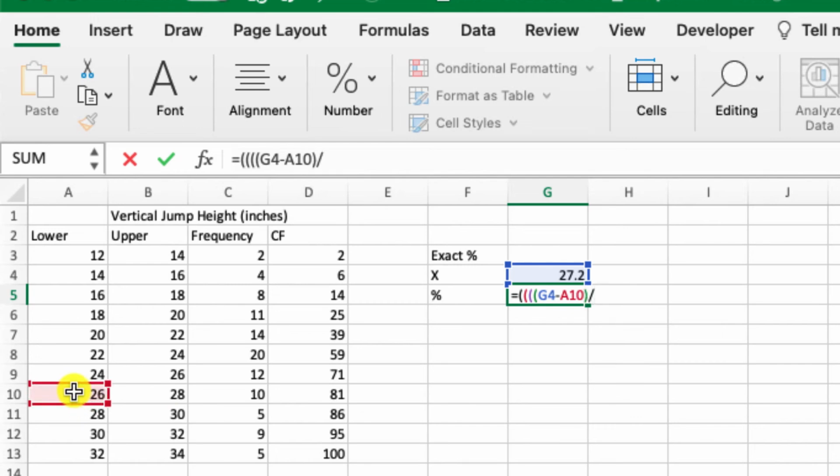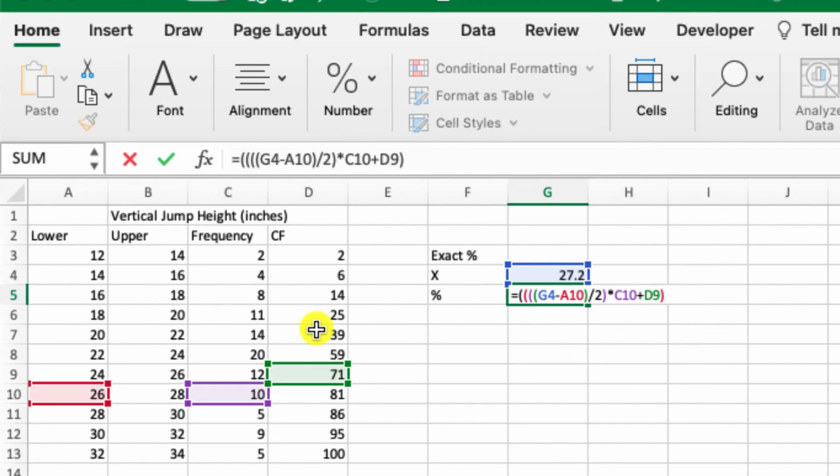That difference is divided by the interval size, which we can find by taking the difference between two adjacent lower bounds or two adjacent upper bounds. We can see that's 2 inches. We then multiply by the frequency of the group that 27.2 is in, and add the cumulative frequency of the group that's worse than the group that 27.2 is in.